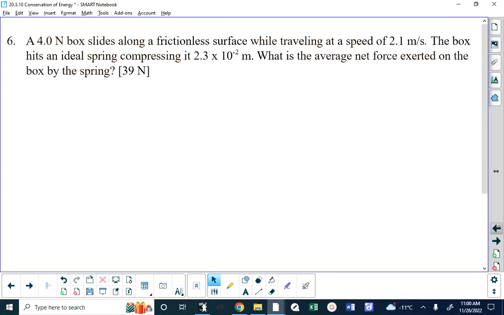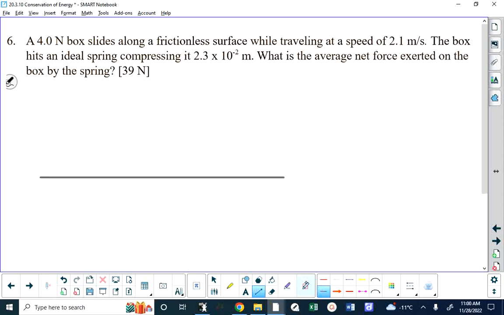So a box slides along a frictionless surface, while traveling at 2.1 meters per second. Let's just break that down. Here's the surface. This is going to be the box when my computer catches up. And it's moving along at 2.1 meters per second.